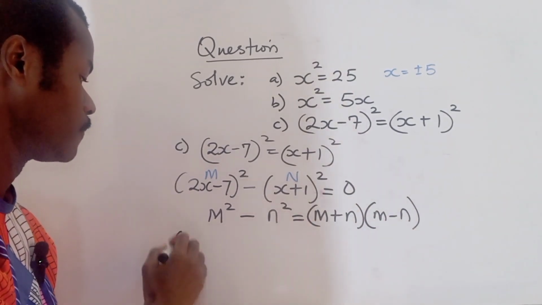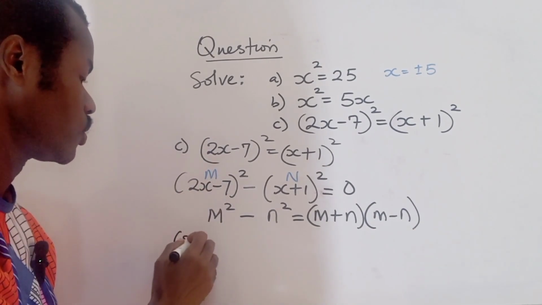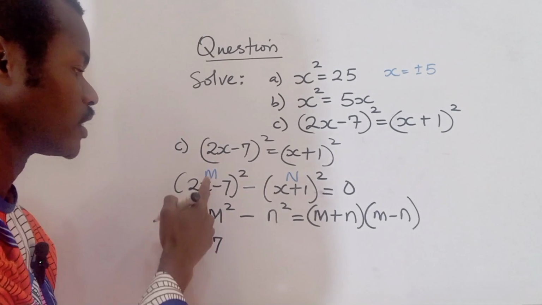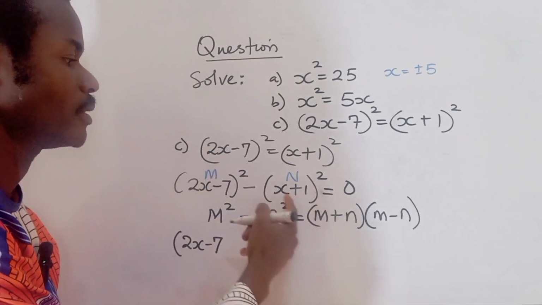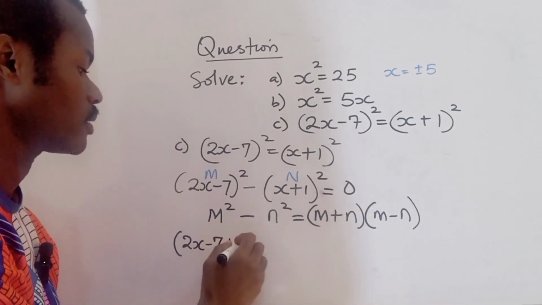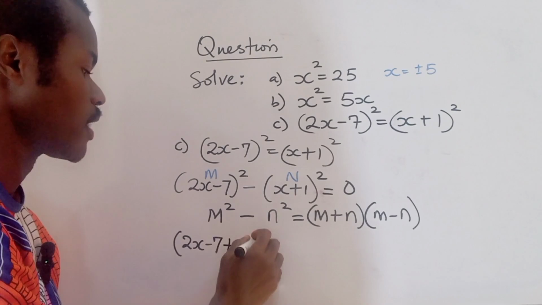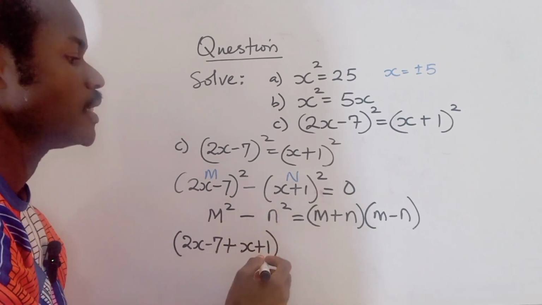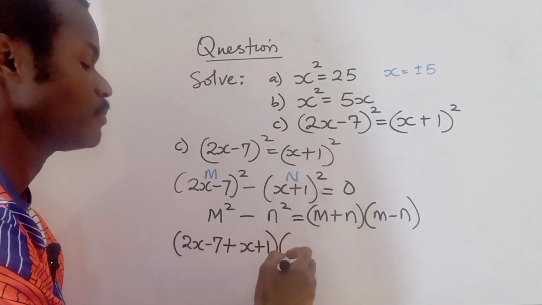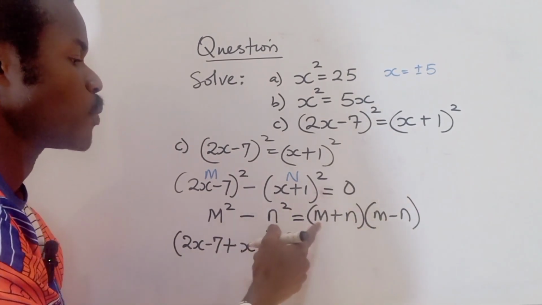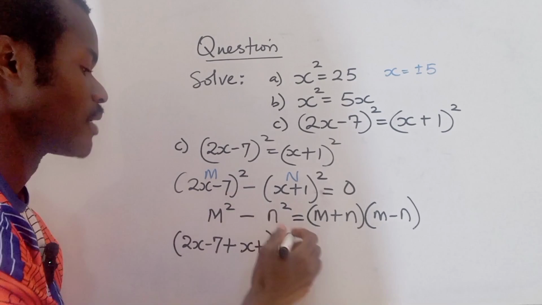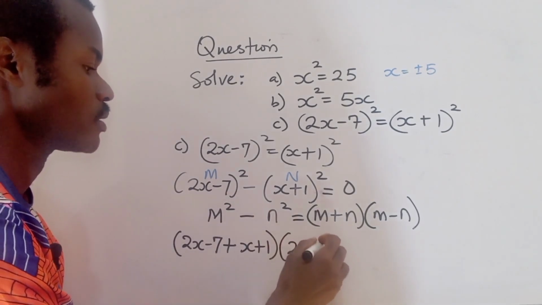It's going to be, I have 2x minus 7, which is my m, plus n, and our n is x plus 1, so x plus 1. Now, in brackets, we have our m again, which is 2x minus 7, so 2x minus 7.